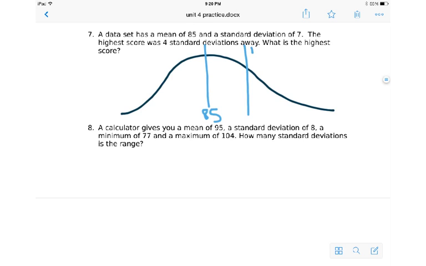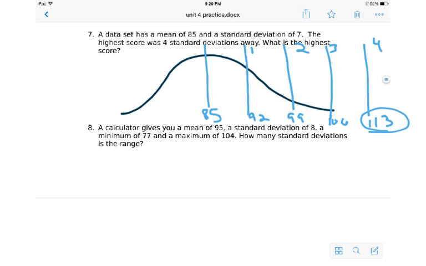So let's start at 1 standard deviation away. 85 plus 7 is 92. A second standard deviation away is going to be 92 plus 7, which is 99. The third standard deviation away is 99 plus 7, which is 106. And the fourth standard deviation away is going to be 106 plus 7, which is 113. So it turns out the highest score was 113.